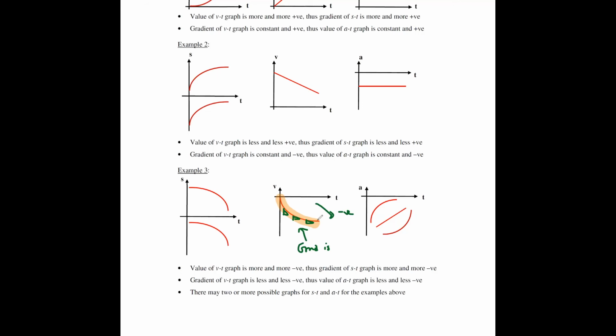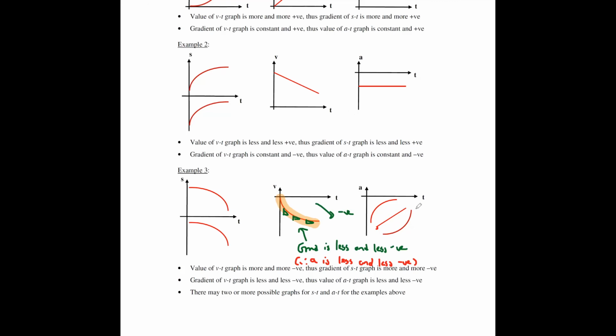Because you see it's becoming less and less steep. It's less and less negative. So therefore, A is less and less negative too, which will give you this.